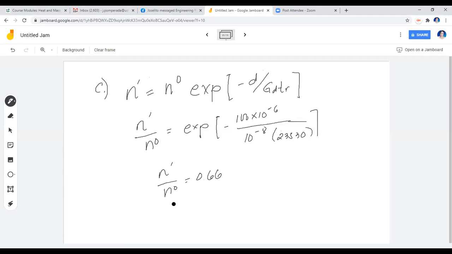So the removed percentage is equal to 1 minus 0.66. This you were able to account. Meaning the one that you were not able to account is the one that was removed already because they have already grown to the size of 100 micrometer.